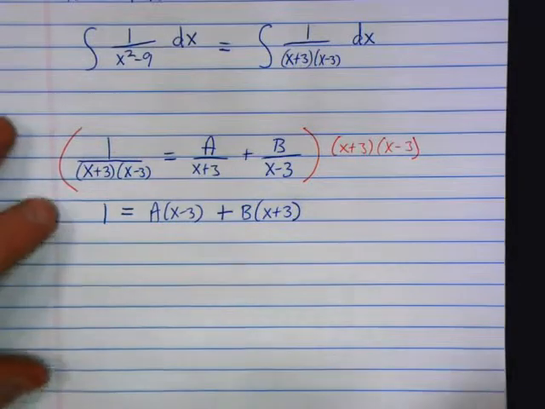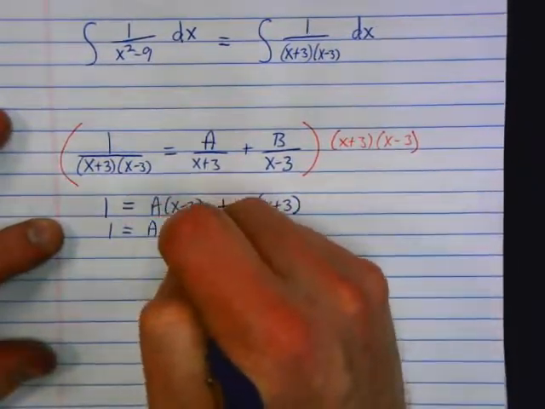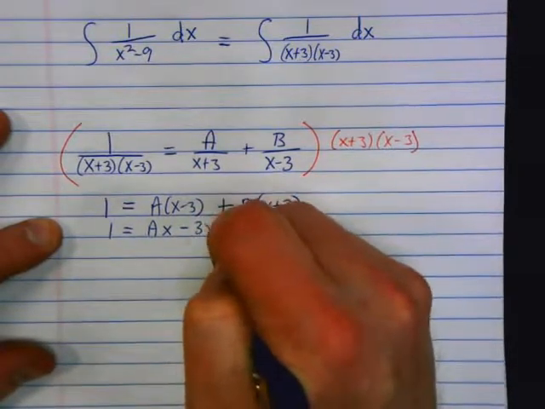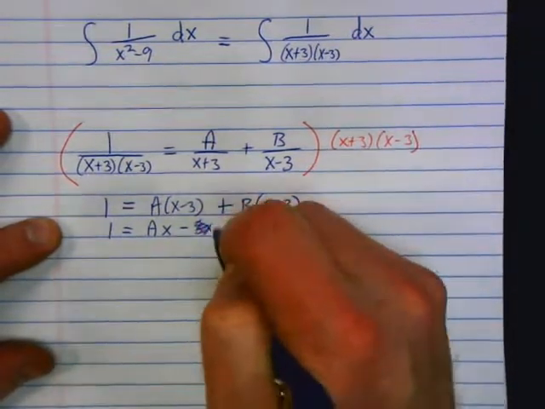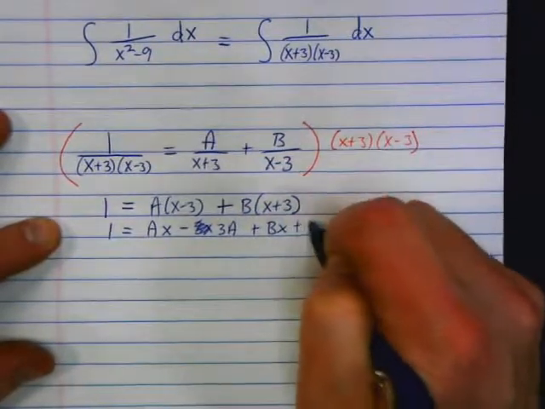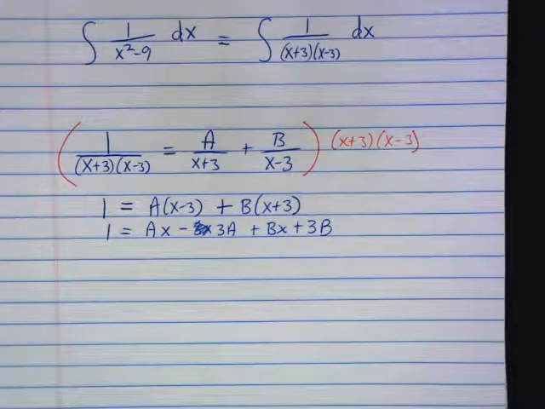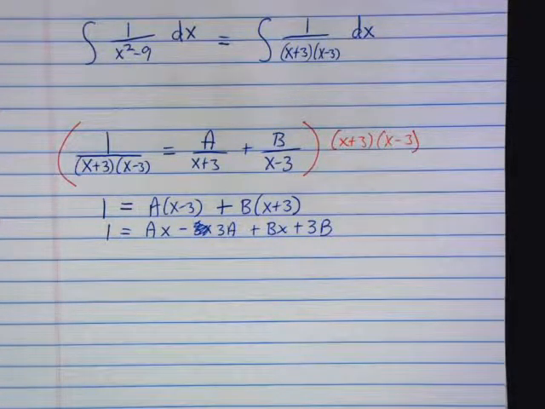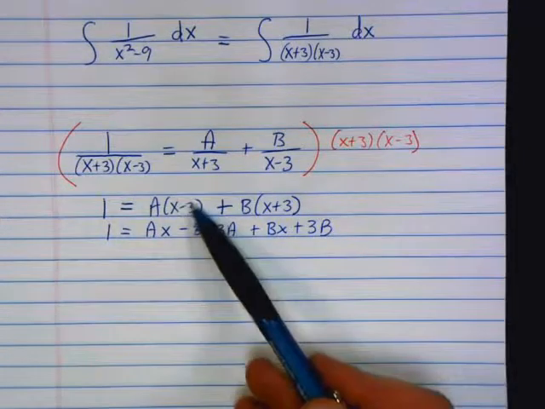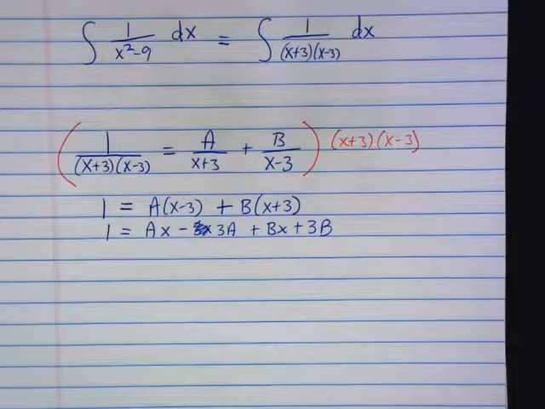Alright, then I'm just going to do a little bit of arithmetic here. This is 1 equals Ax minus 3A plus Bx plus 3B. All I did is take the A and distribute it through, and take the B and distribute it through. We do a process now called equate the coefficients.